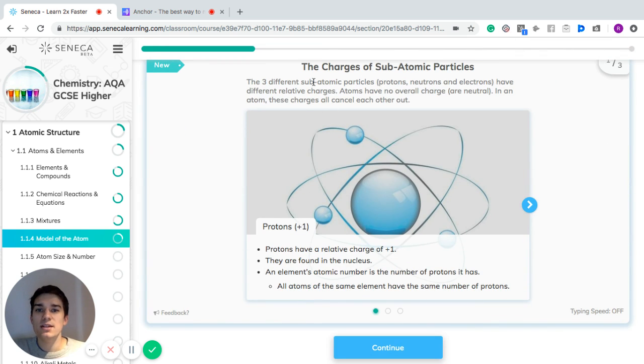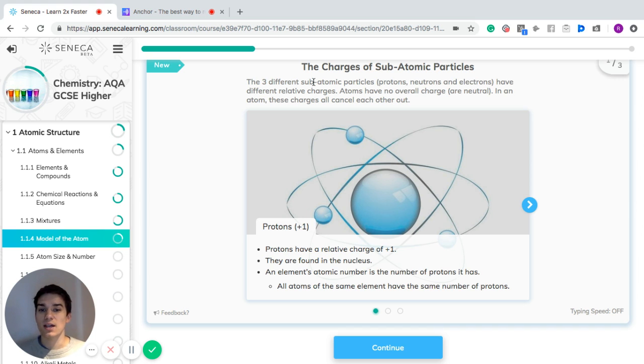So there are three different subatomic particles, and they all have different charges. Just to recap, those three subatomic particles are protons, neutrons, and electrons. Now, atoms have no overall charge, so they're neutral. And in an atom, these charges all cancel each other out. So the positive charges cancel out the negative charges, and then the neutrons have no charge.